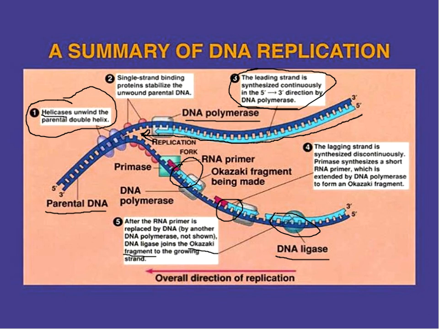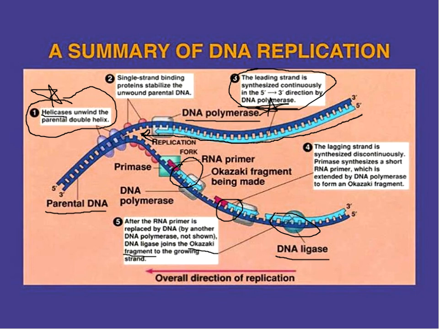And does anybody remember the name of the enzyme that glues the fragments together? Good job. You guys got it. There you go. So that's the main stuff you guys need to know with replication. Remember, helicase unzips the DNA.